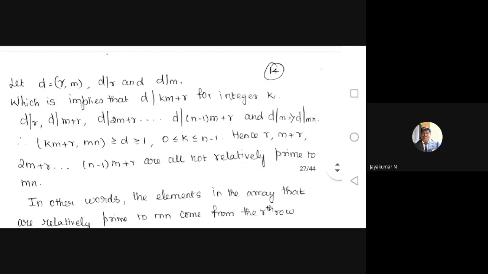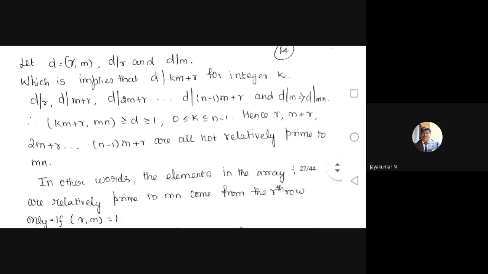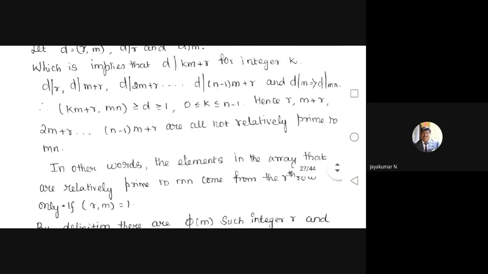We proved this for a general row, whose elements are not relatively prime to Mn, and this can be extended to any row.